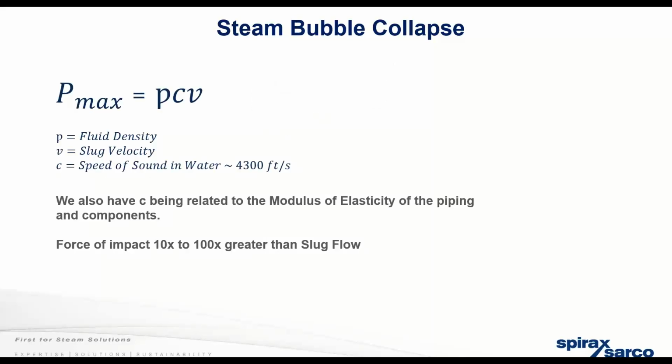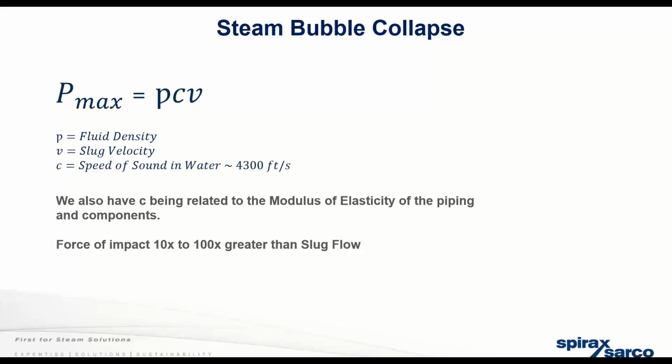And now we'll try to predict the impact pressure this will have on our steam piping system with this type of water hammer. So now my impact pressure max equals PCV. So we replace one of the V's with the speed of sound in water, which is approximately 4,300 feet per second.